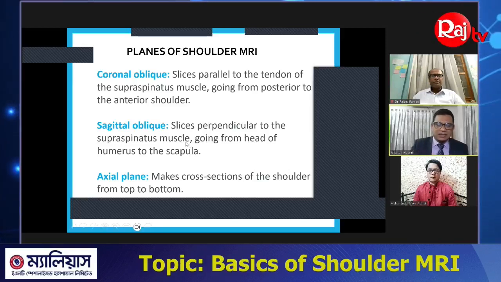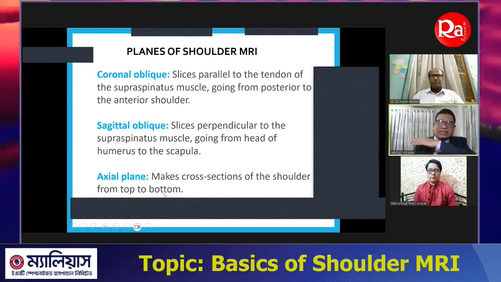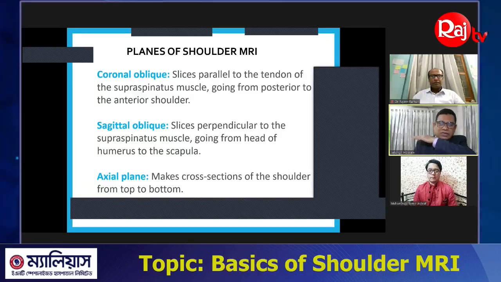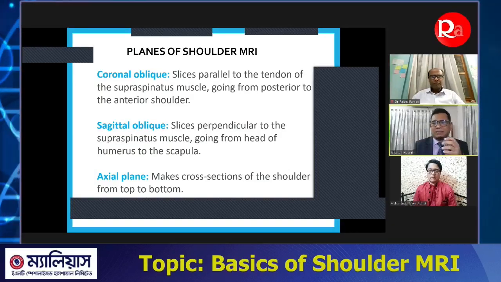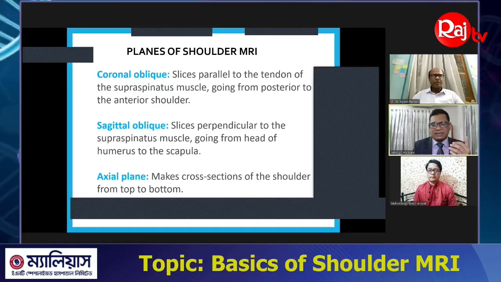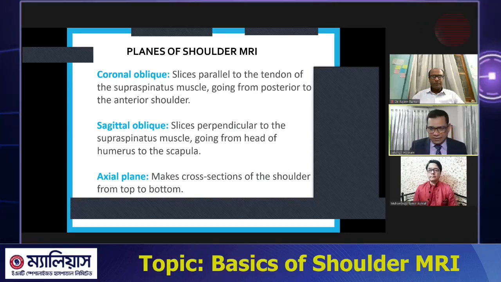And next, the axial plane makes a cross section of the shoulder from top to bottom. That means the axial cut starts at the level of the supraspinatus and gradually goes down. So we must remember the three planes: coronal oblique, sagittal, and axial.